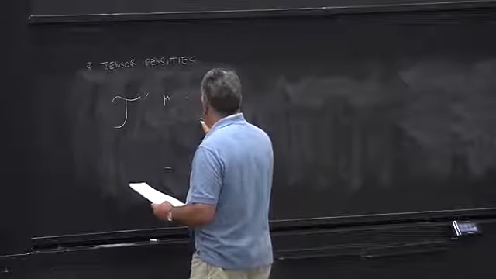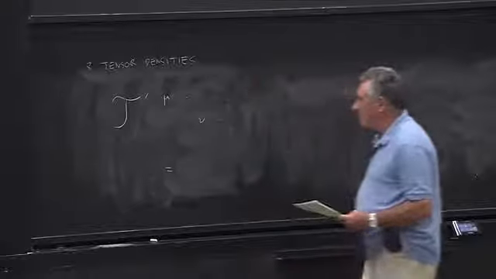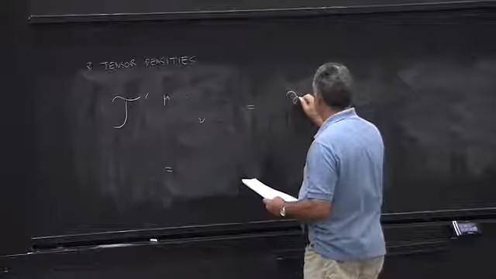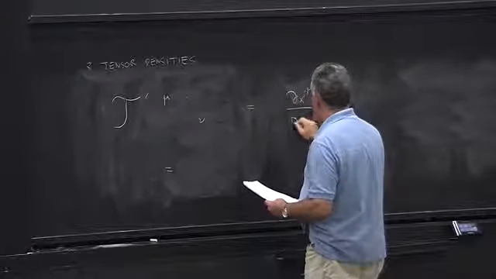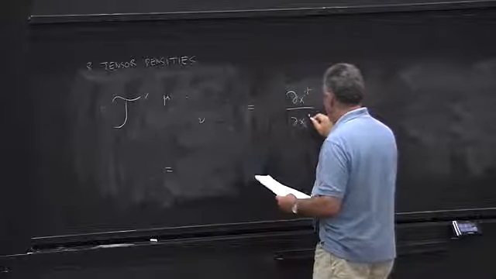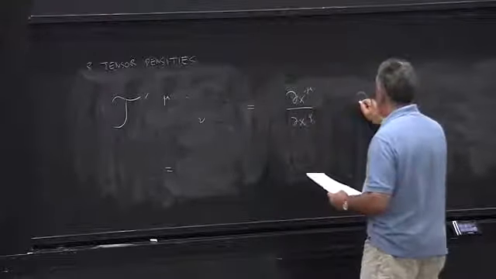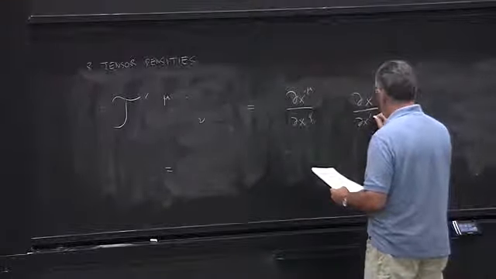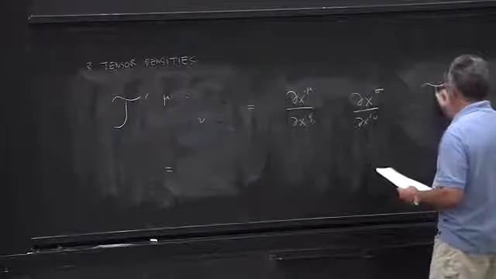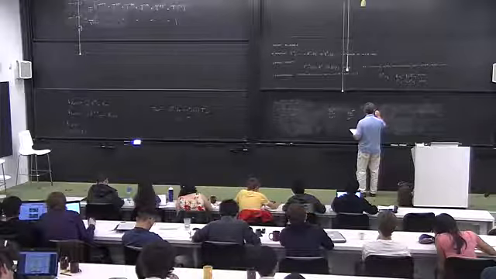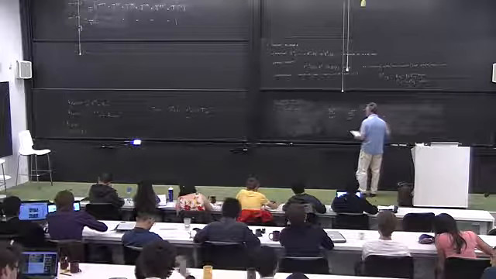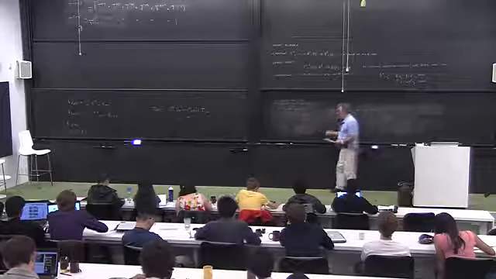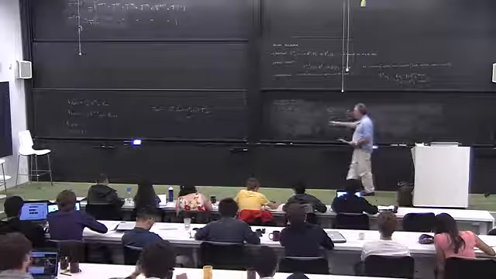So suppose we have some tensor with a bunch of upper indices and a bunch of lower indices. Then if an ordinary tensor would transform like this. There'd be a dx prime mu dx rho for every upper index, and a dx sigma dx prime mu for every lower index.